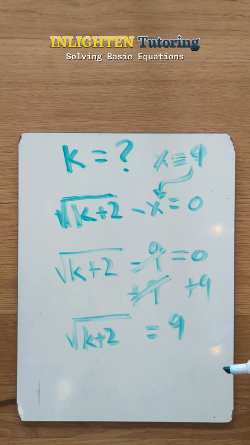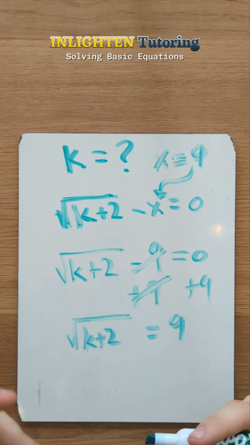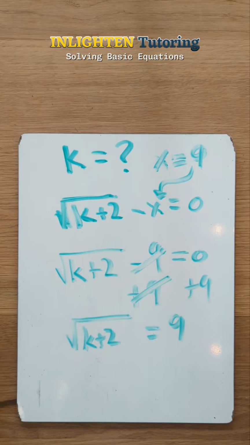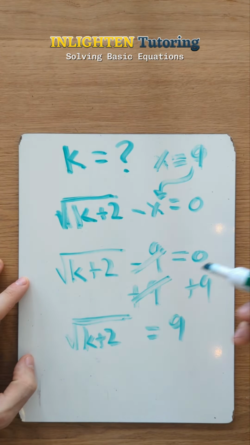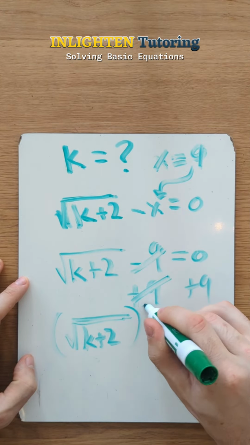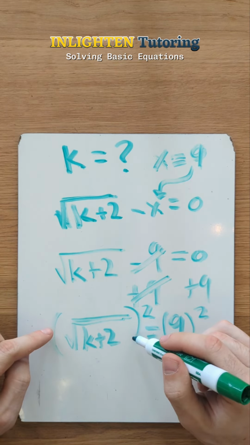The next thing I'm going to get rid of, that next outermost thing, is this square root symbol. Again, I'm always going to do the opposite, and I'm always going to do whatever's the opposite to both sides. The opposite of this square root is to square something, which puts it to the second power. Now, this is a habit that I have, which is putting everything in parentheses when I do this.